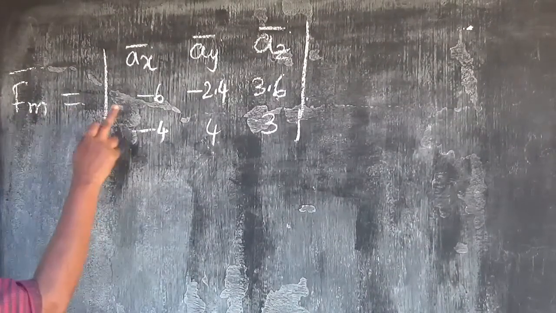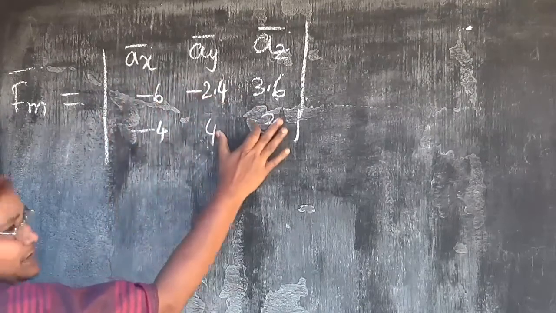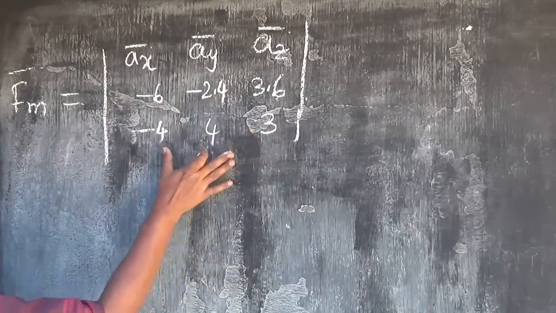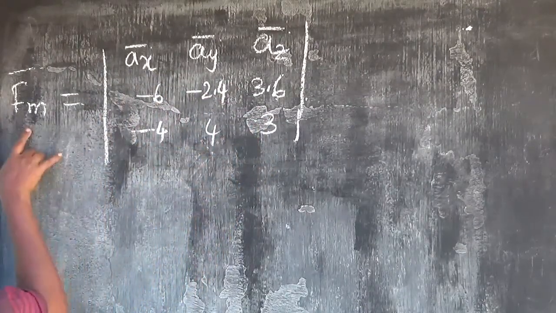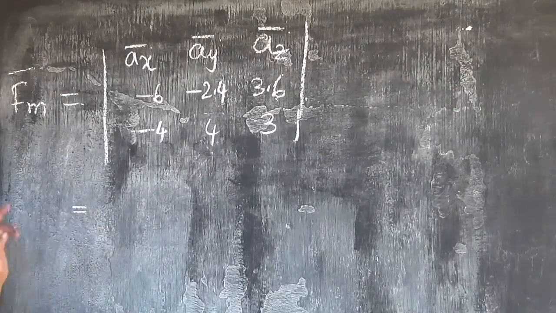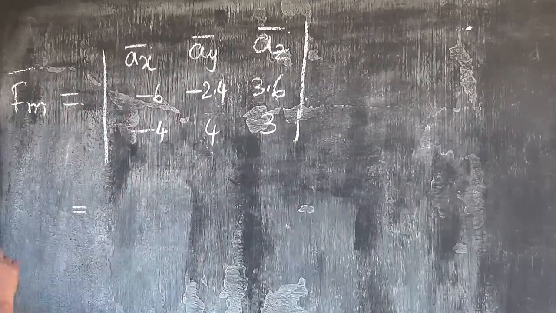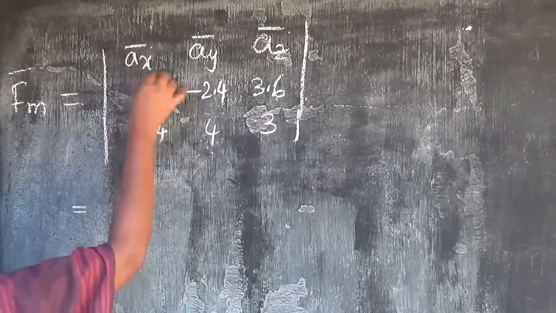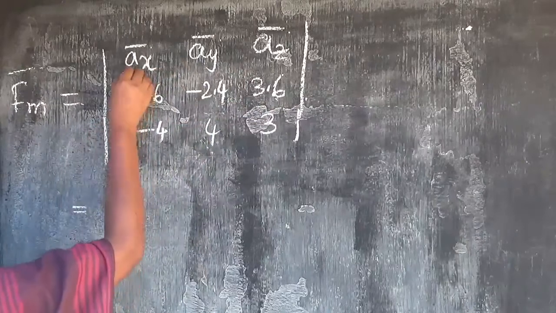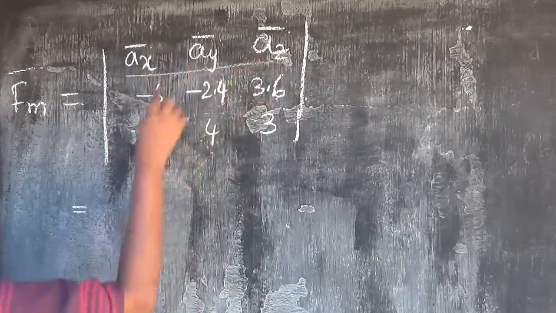So Fm bar is equal to this determinant. Now you have to solve this determinant to find Fm bar, that is the force due to the magnetic field. So how to solve a determinant? We can solve along any row or any column. So we will solve along a row.